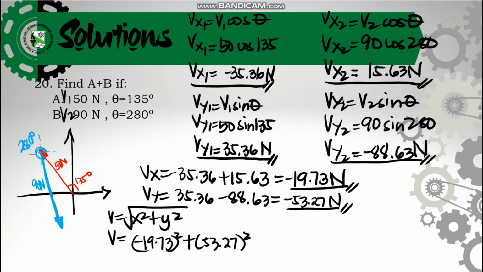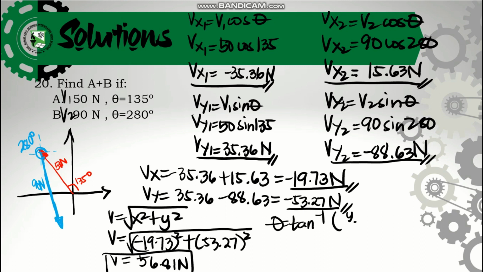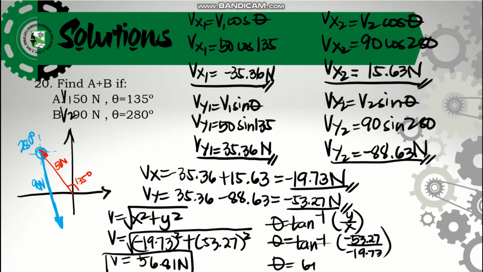And then for that angle, inverse tangent, sa taas ang Y, negative 53.27 over negative 19.73 will give you 69.68. For that angle, malalaman natin na siya ay counterclockwise.